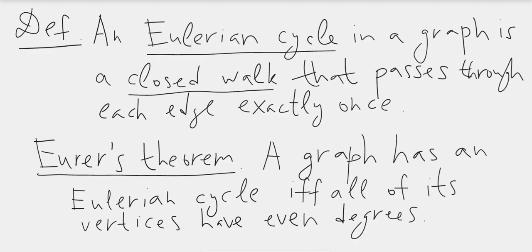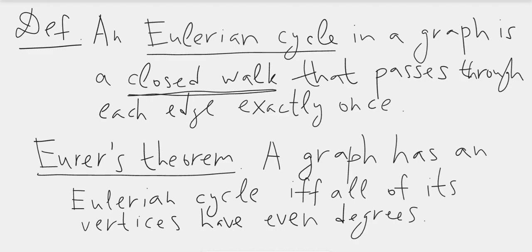In general, by a cycle in graph theory, we mean a cycle that doesn't have self-intersections. So a cycle cannot go through the same vertex multiple times, but a closed walk can.